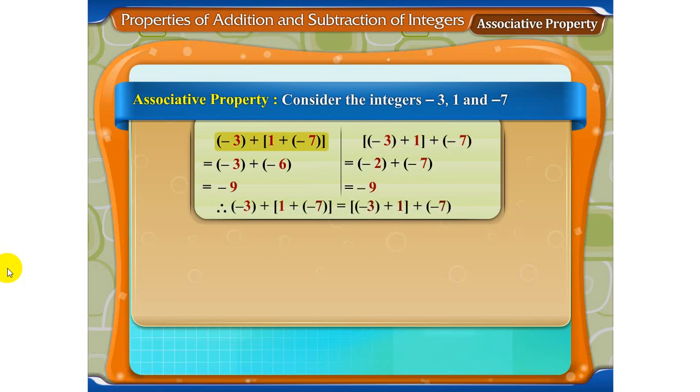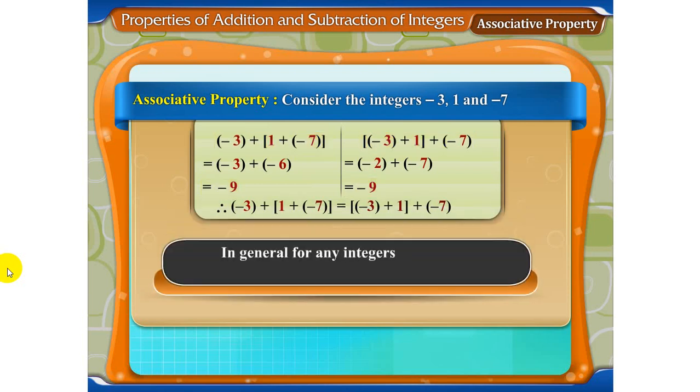Therefore, -3 plus (1 plus -7) is equal to (-3 plus 1) plus -7, which is equal to -9. In general, for any integers a, b and c, we can say a plus (b plus c) is equal to (a plus b) plus c.